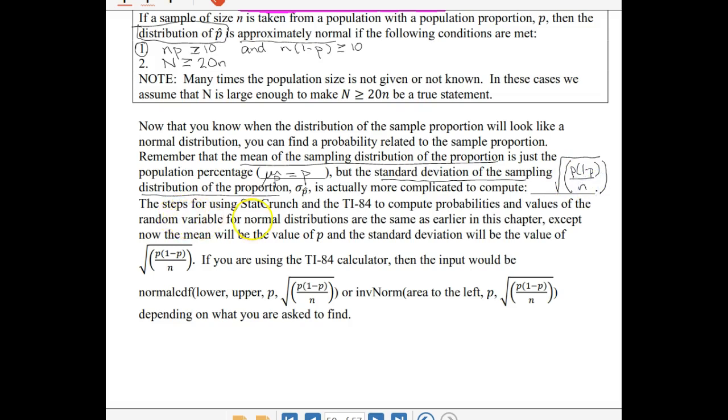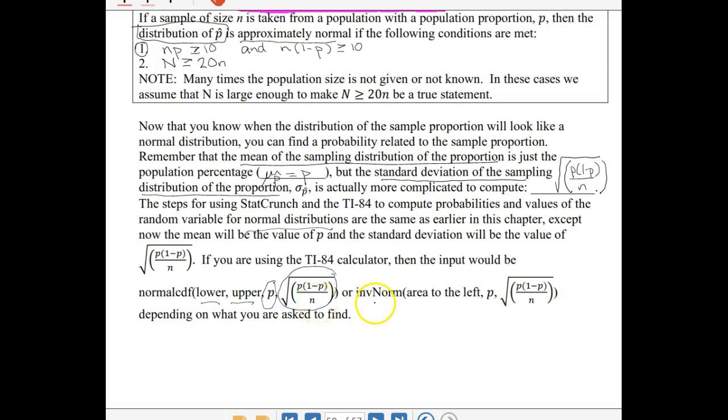Okay. The steps for using StatCrunch and the TI-84 to compute probabilities and values of the random variable for normal distributions are the same as they were earlier in the chapter, except now the mean will be the value of p, and the standard deviation is this complicated square root of p times 1 minus p over n. So if we're using the TI-84, for normal CDF we have lower, upper, then the mean, which will be p, and the last input is the standard deviation, where we type in that square root symbol and the quantity p times 1 minus p divided by n.